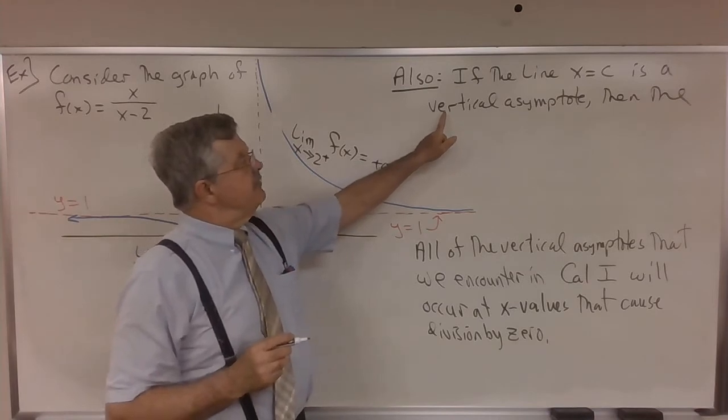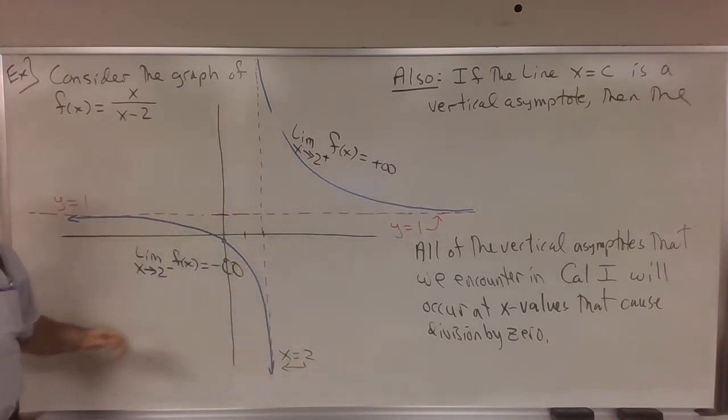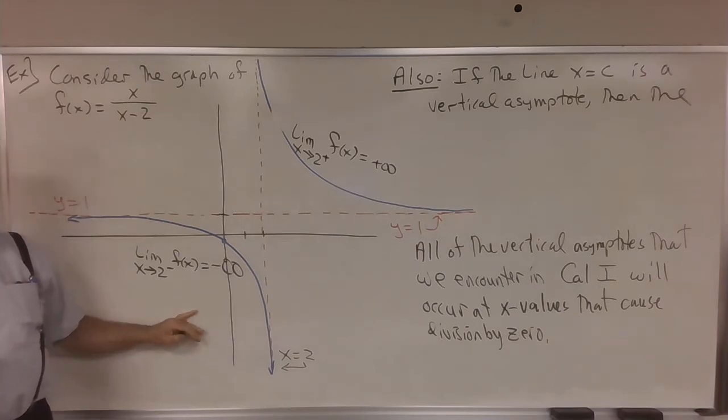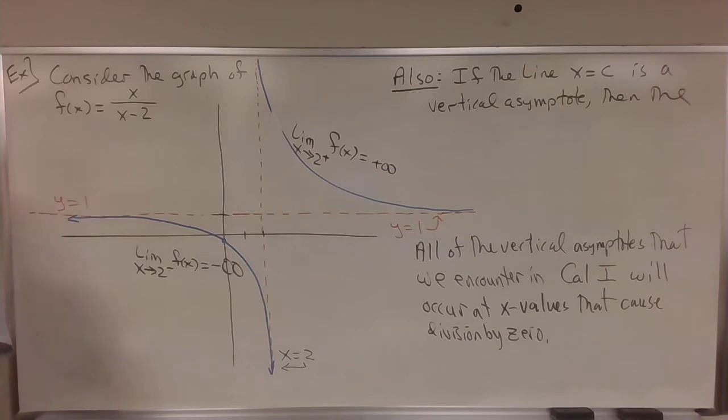So the point I'm establishing here, and let me get out of the way and let you take a look at the board for 5 or 10 seconds before I continue. Okay.